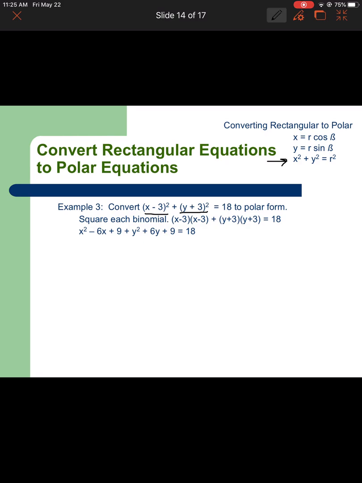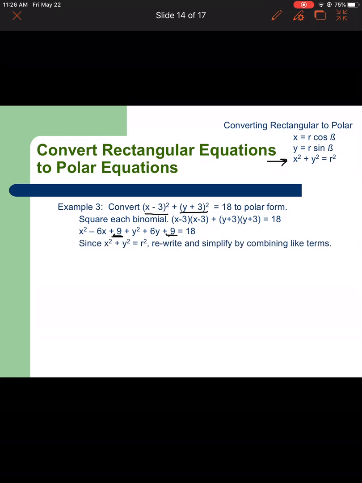Okay, I'm going to start combining like terms. So on my left side, I have a plus 9 and a plus 9. So that means that I have 18 on the left side and 18 on the right side. I can get rid of it, which means I am left with x squared plus y squared minus 6x plus 6y equals 0. Okay.